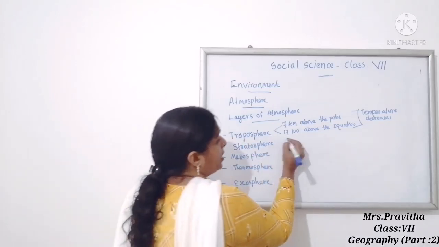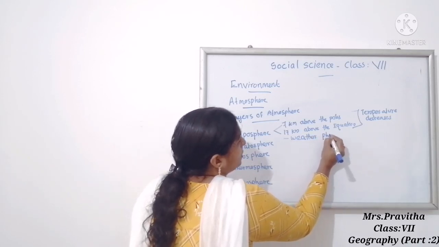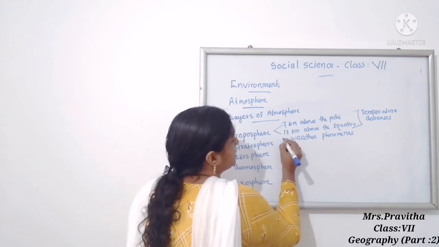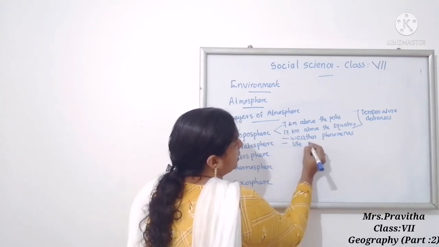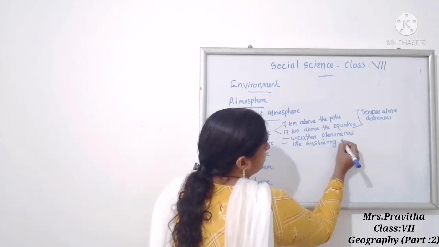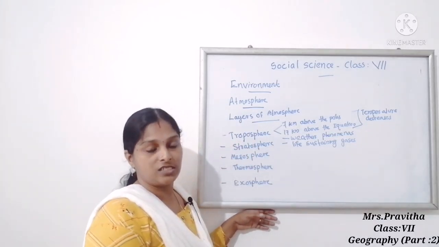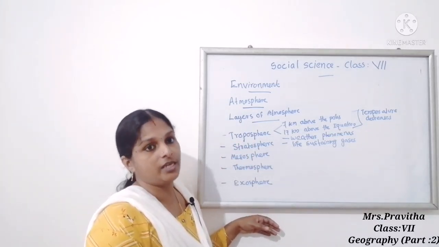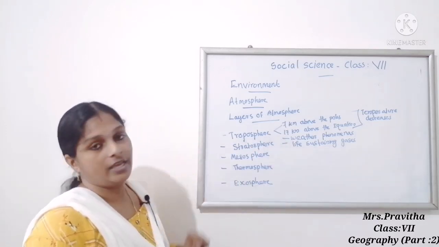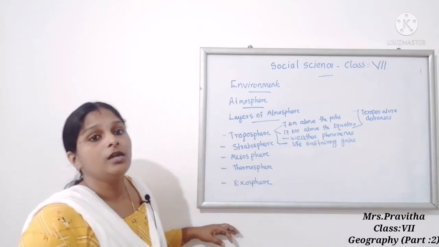Then this layer has life-sustaining gases, such as oxygen, nitrogen and carbon dioxide. These life-sustaining gases are found in the first layer, the troposphere. These are the main points about the troposphere.